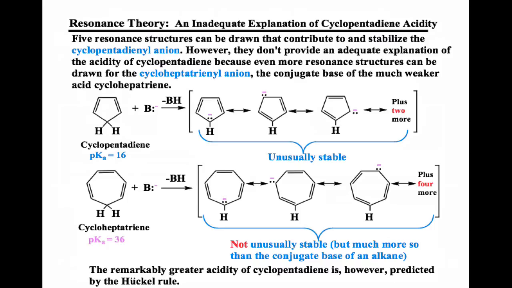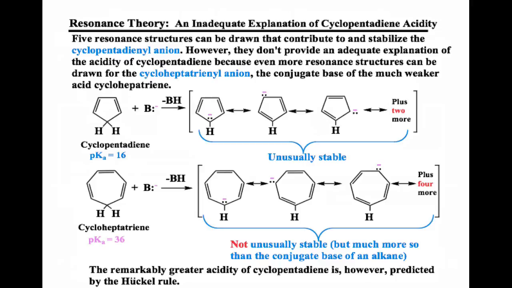Other molecules that have unusual chemistry because of aromaticity: cyclopentadiene. Cyclopentadiene has nothing more than carbons and hydrogens. It's a pure hydrocarbon. But these hydrogens are unusually acidic. What is the typical pKa value for an sp3 hybridized carbon atom?